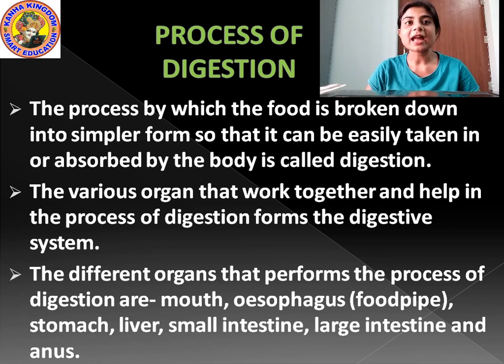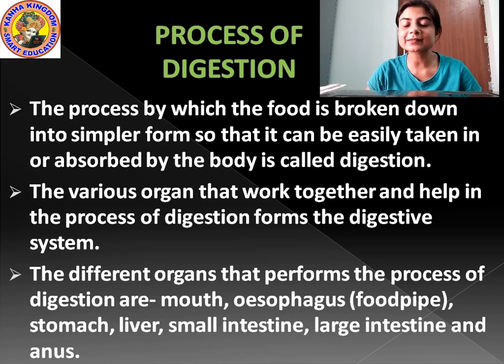Understood? Then the various organs that work together and help in the process of digestion form the digestive system. Now what is the digestive system? I have already told you. The organs inside our body that help in the process of digestion together form the digestive system.